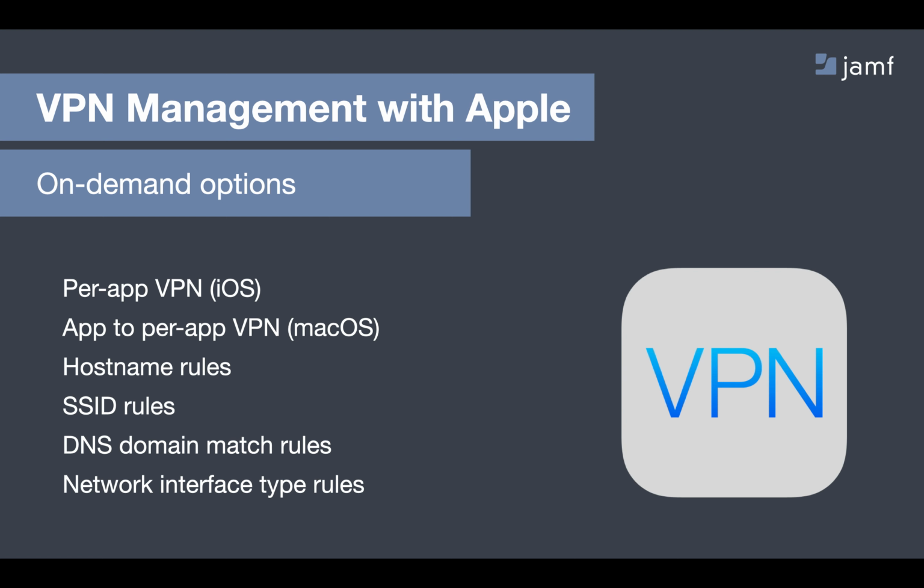And the reason that these on-demand rules can be powerful is that they can turn it on as needed, but they can also, on the flip side, not turn on the VPN. For example, you wouldn't want your VPN to start routing network traffic when you're already on site on your enterprise network. Again, working with your VPN vendor and Jamf can help get a wide range of options set for your deployment needs.